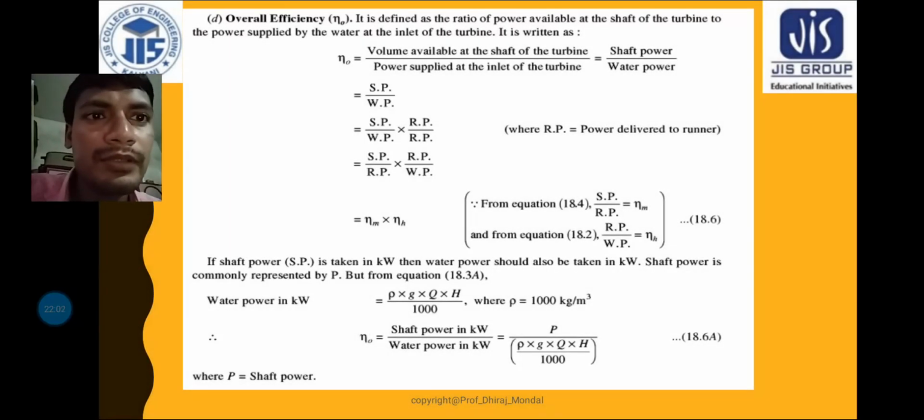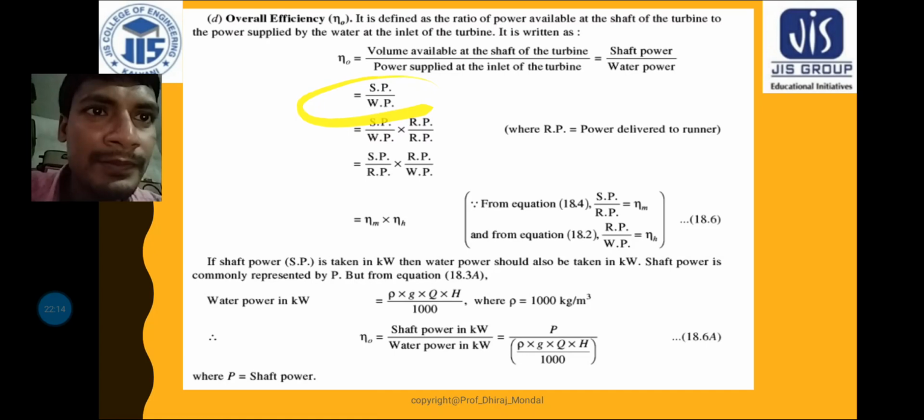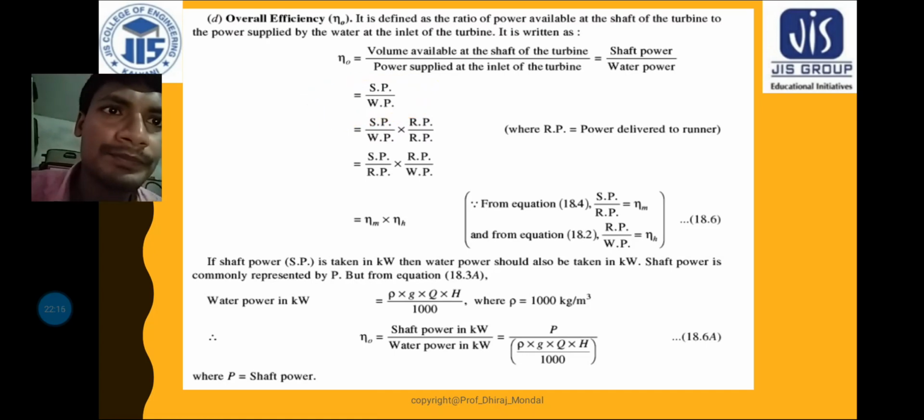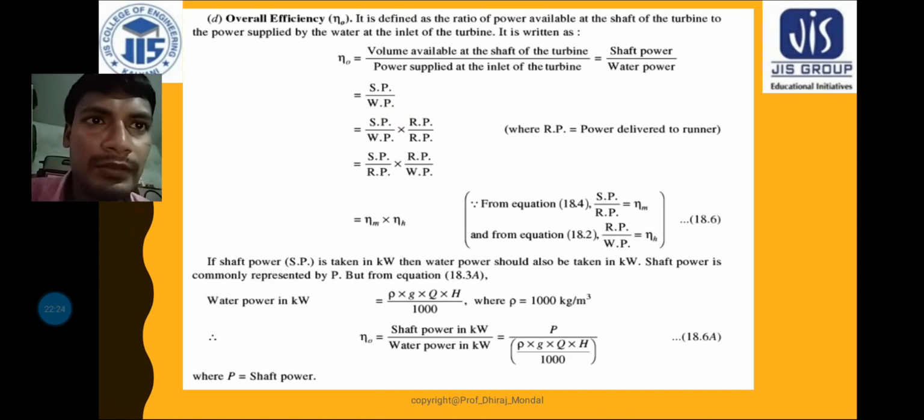Now if I want to establish the relationship between the mechanical efficiency, hydraulic efficiency and overall efficiency, then what can we do? This is the overall efficiency, shaft power by water power. Now the shaft power by water power can be written as shaft power by water power into runner power by runner power, because runner power will be cancelled out if I put the equation in this fashion.